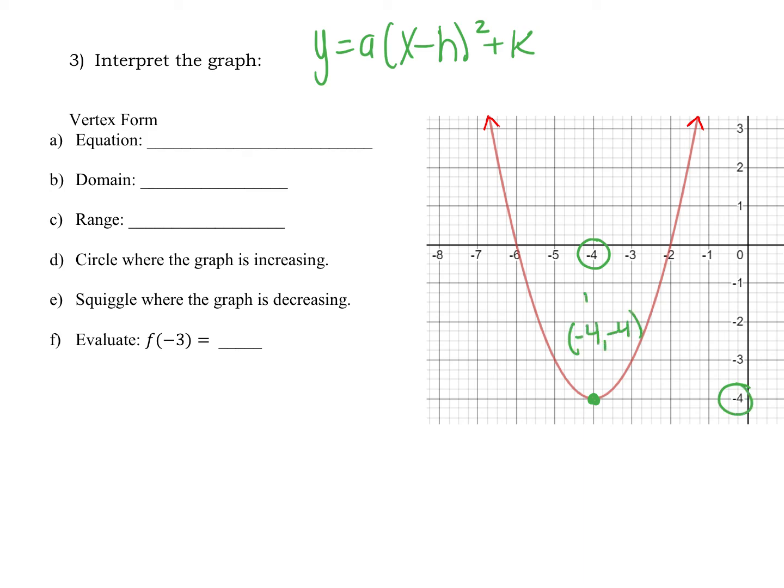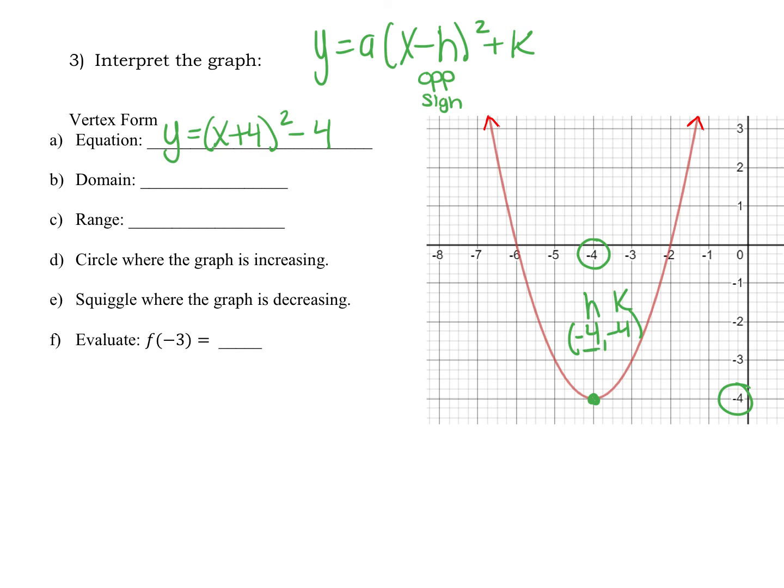So that means h is -4 and k is -4. But again, it's always going to be opposite, so it's going to be (x plus 4) squared and then minus 4 on the outside. But my h will always be the opposite sign. So since h was -4, I have to put plus 4.